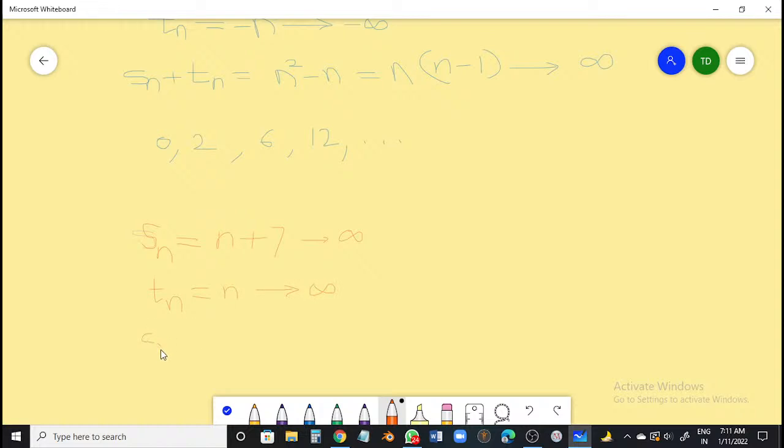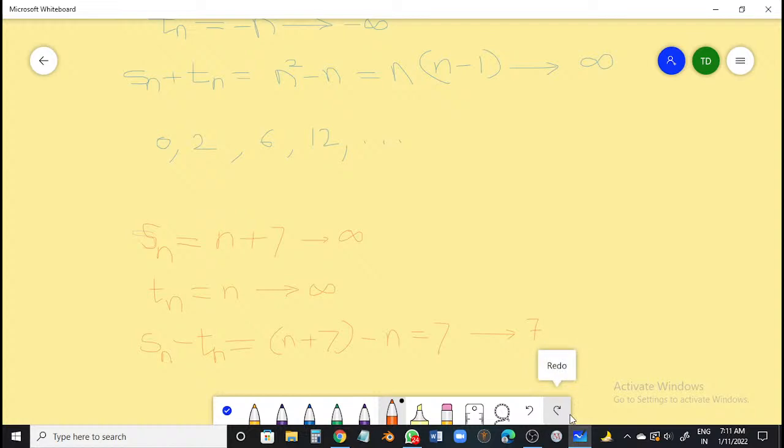But if I deal with Sn minus Tn, what is the term? n plus 7 and minus n. So certainly this is a constant sequence 7 which converges to 7. So the difference we cannot guarantee.